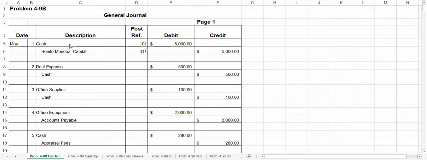One good tip before we start transferring over is that sometimes it is helpful to print out the journal pages. That way, as you transfer the information over to the ledgers, you can cross off or check mark or show some type of notation that you have done that transaction.